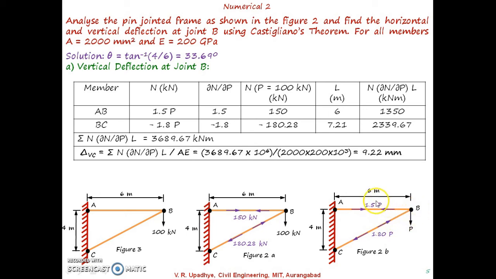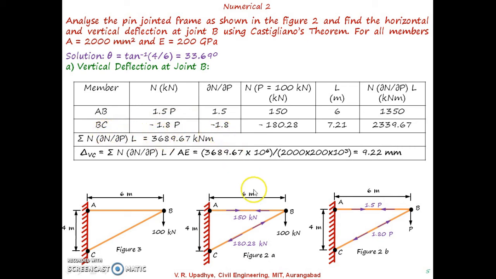That gives internal member force as 1.5 P. These two values are written in the second column as capital N, 1.5 P and minus 1.8 P, as this is compression. Calculating partial differential, del N by del P becomes 1.5 for member AB and minus 1.8 for member BC.